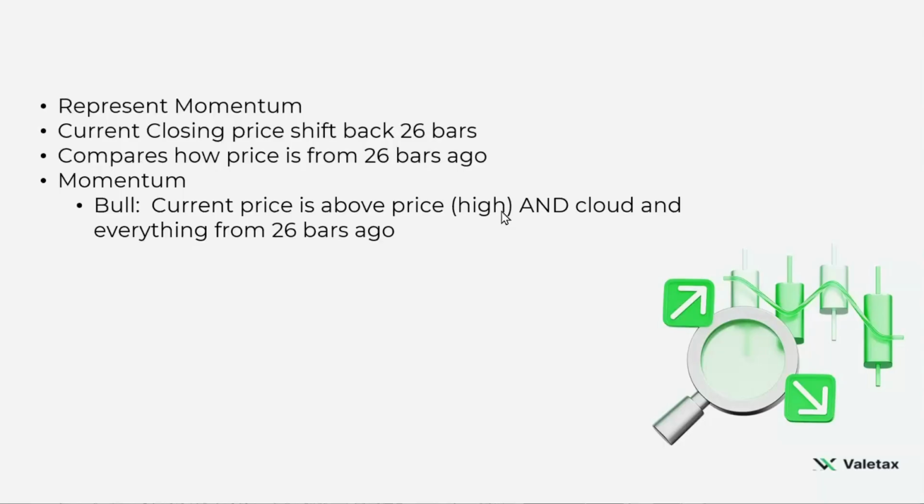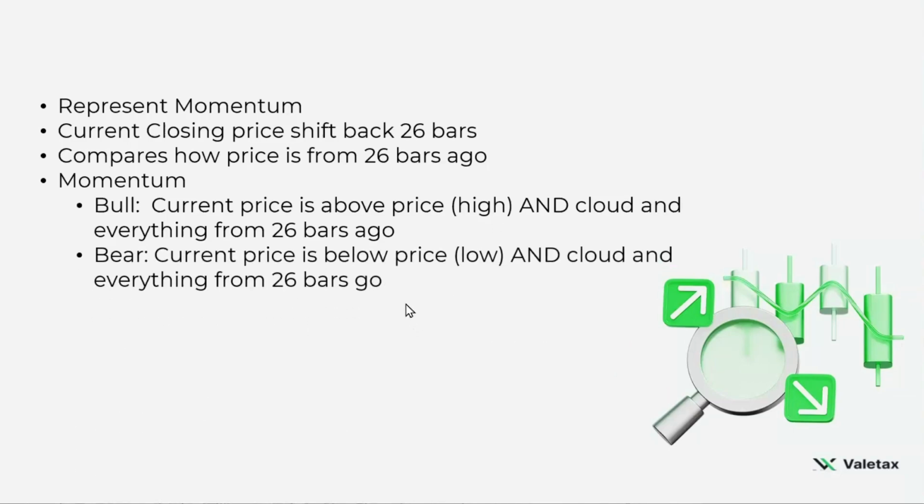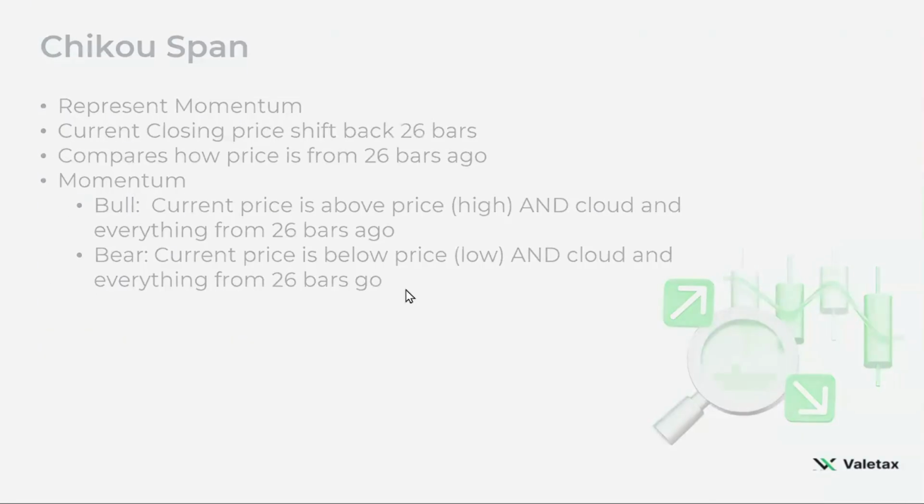So wherever momentum is, look to make sure it's above the cloud from 26 bars ago, above the price, above the Tenkan-sen and the Kijun-sen. If it is above everything, then that's a great momentum trade. If it's below everything, that's a great bearish momentum trade. And I'll give you some examples of that in just a moment.